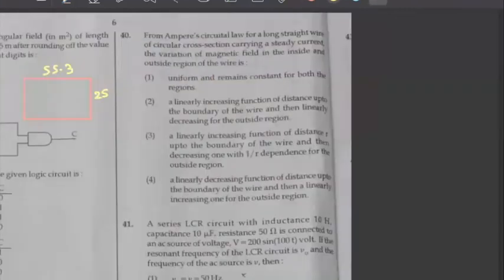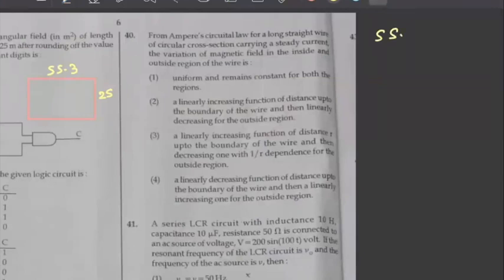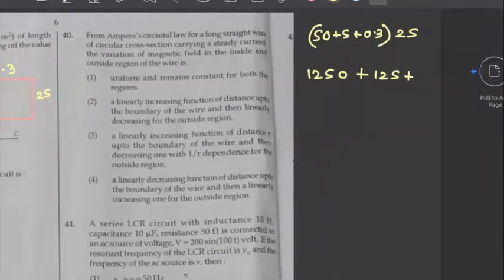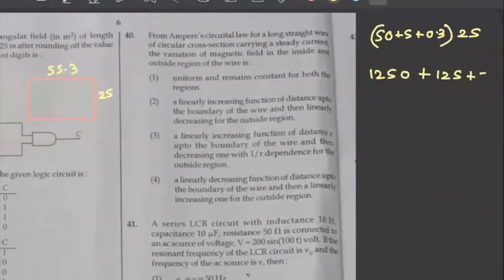It's a simple calculation. So 55.3, or let's say 55 plus 0.3, times 25, or let's say 50 plus 5 plus 0.3. So 25 into 5 is 125, add a 0. 25 into 5 is 125. And 25 into 3 is 75, but I have 0.3, so 7.5.